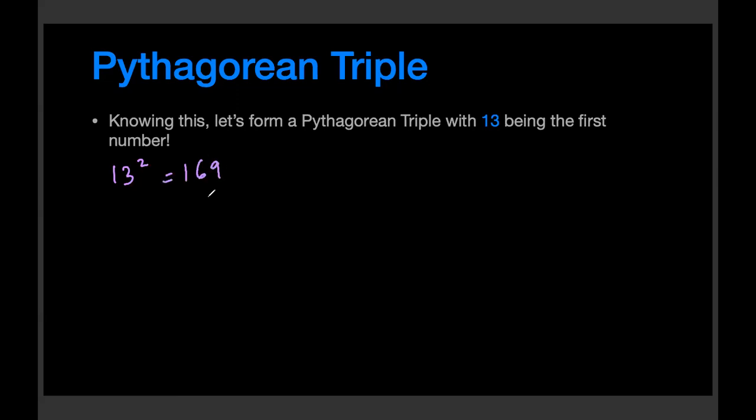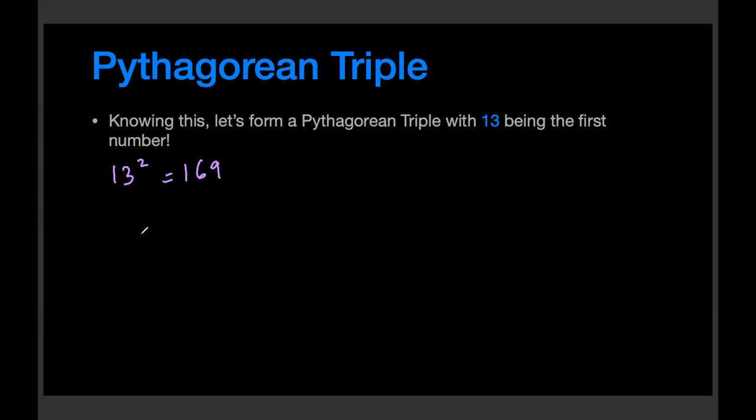And then B plus C equals 169. C is just B plus 1, so I'll do 2B plus 1.